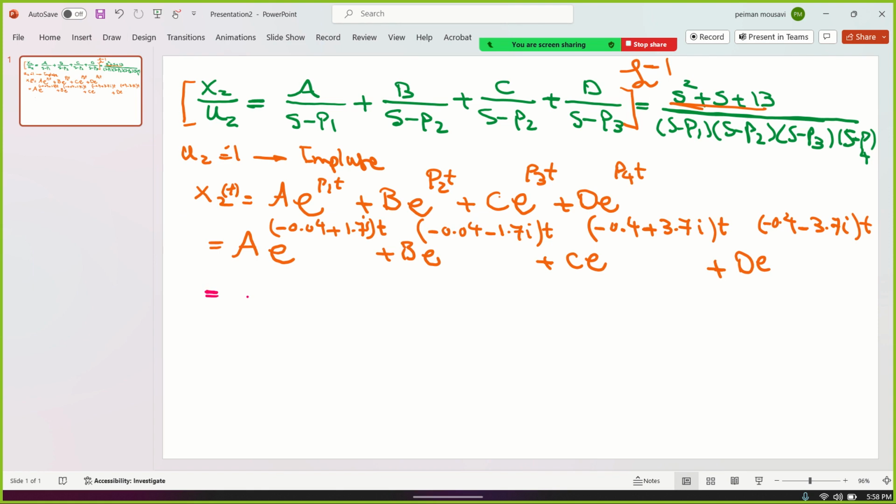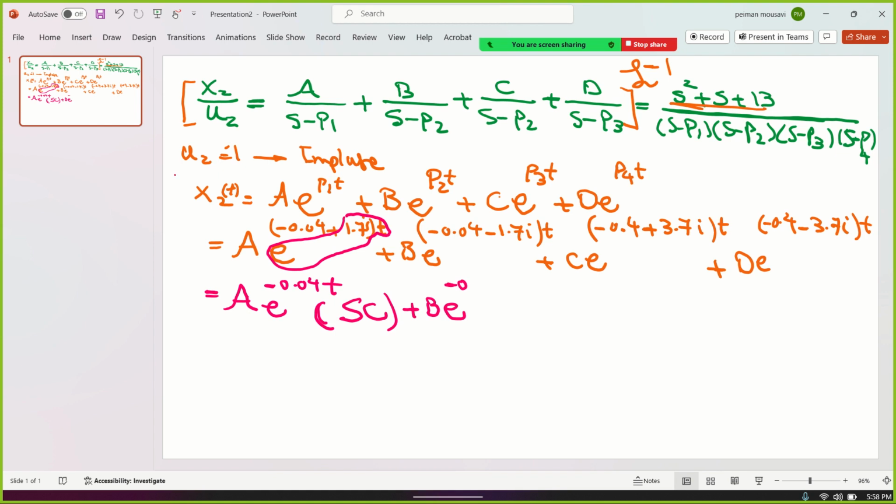Guys, from high school, you know that the Euler formula gives you sine and cosine solutions, that's right. But this term, I'm writing here, look here, A e^(-0.04 t), and here you're going to have sine, cosine, this is an abbreviation, plus B e^(-0.04 t), again another sine, cosine, based on Euler. We have done this previously.